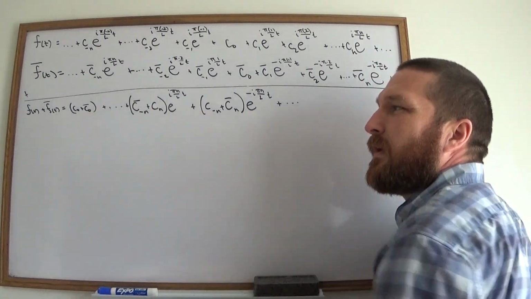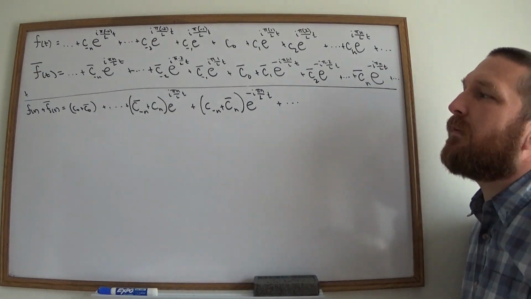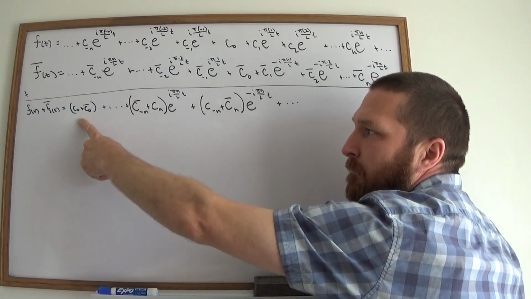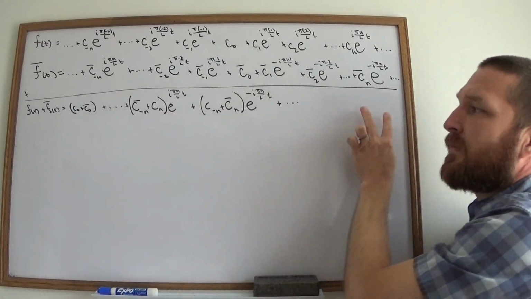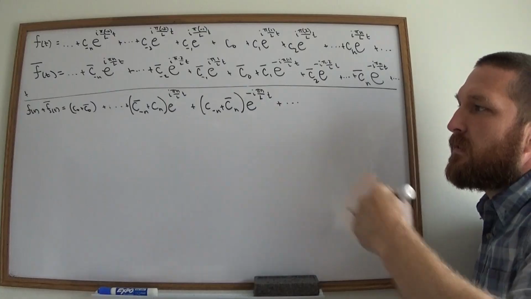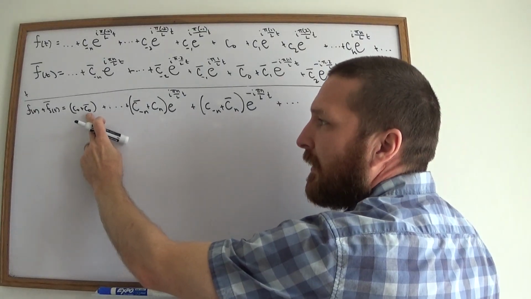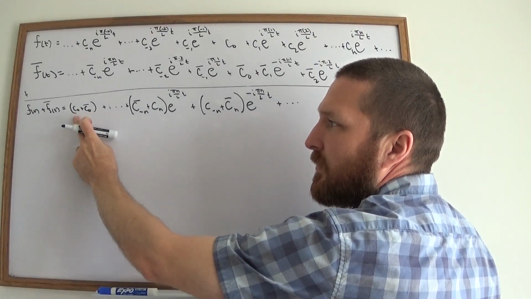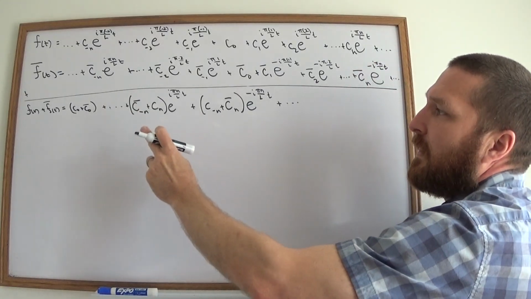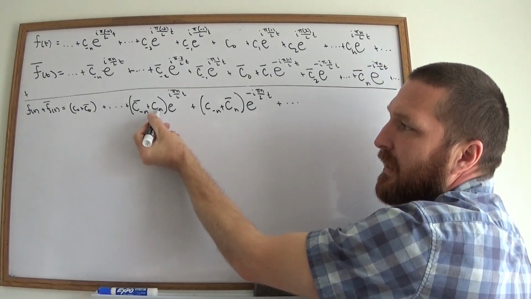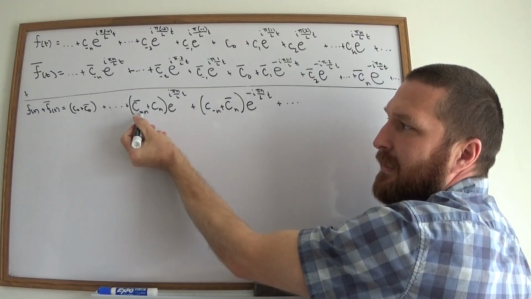I left this one here because there's something fundamentally different about this term versus all of these other terms. And that's that we can guarantee that the C0 term is the same thing. We can't guarantee that the Cn is the same as the C negative n.